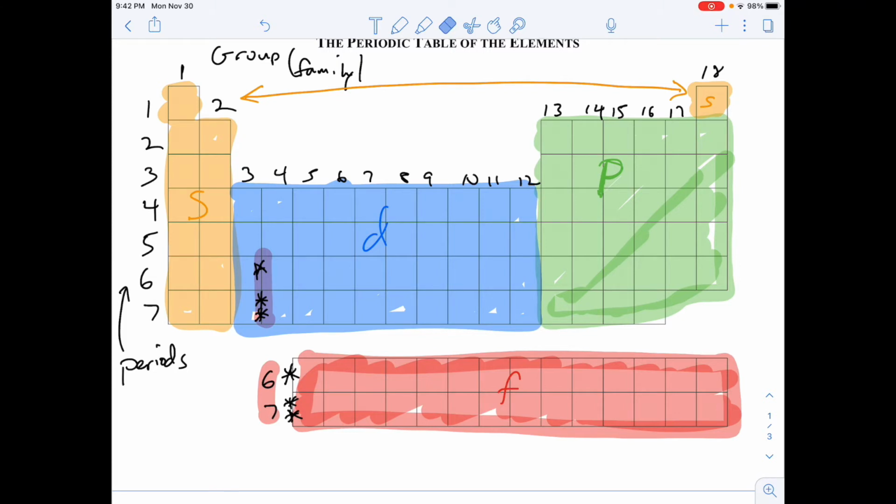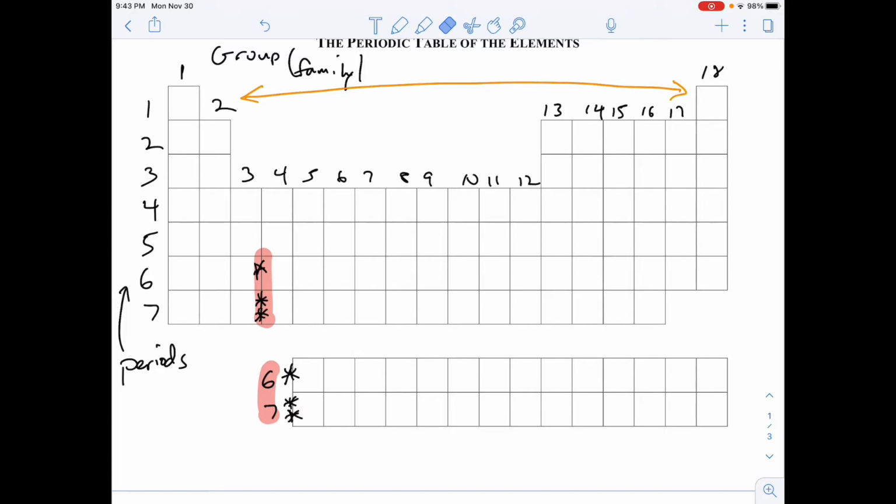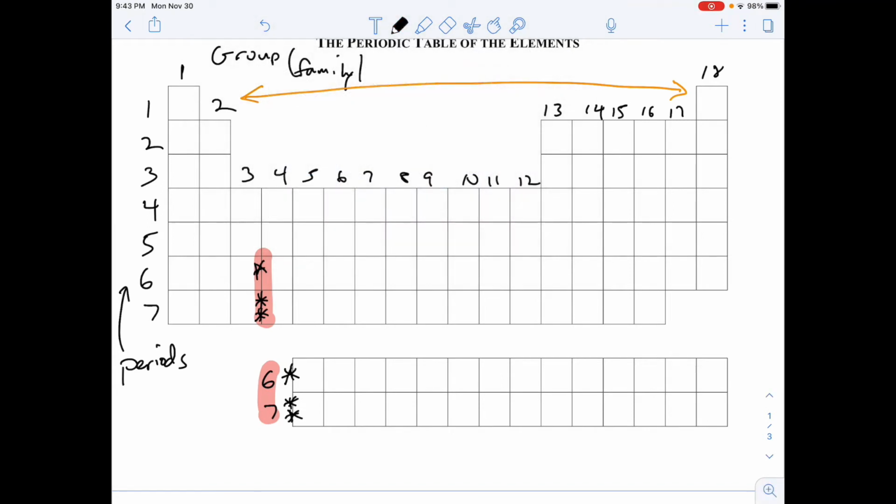And then the last piece that I want to go over, aside from the groups or families, and this is a very big deal, is this dividing line here. This is the dividing line between what we call metals and nonmetals.